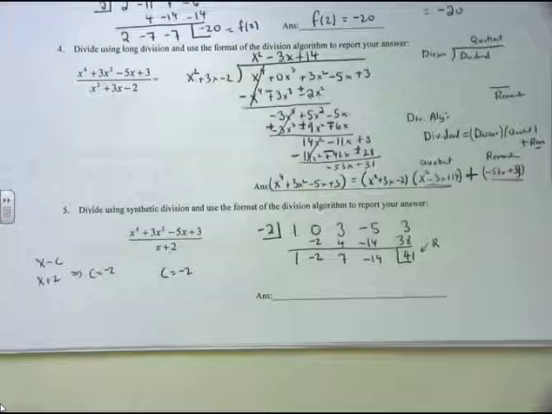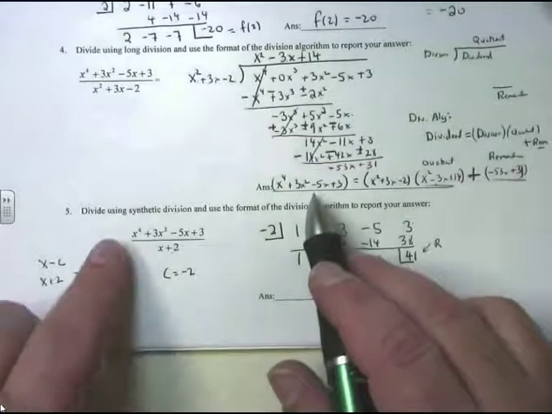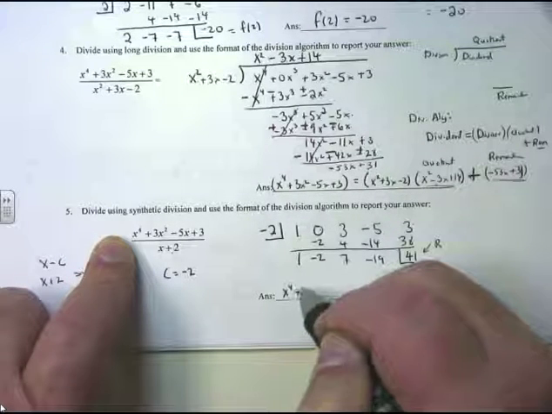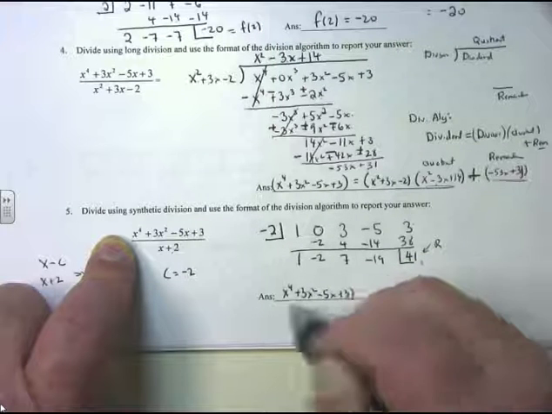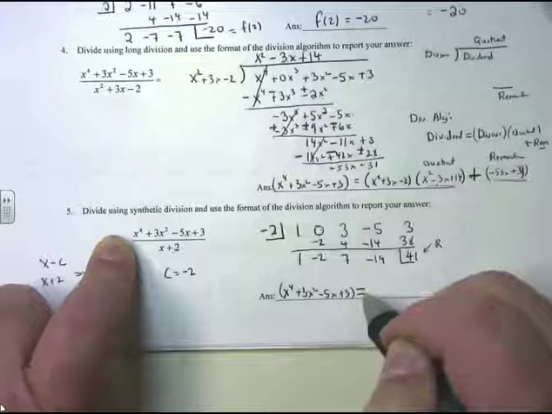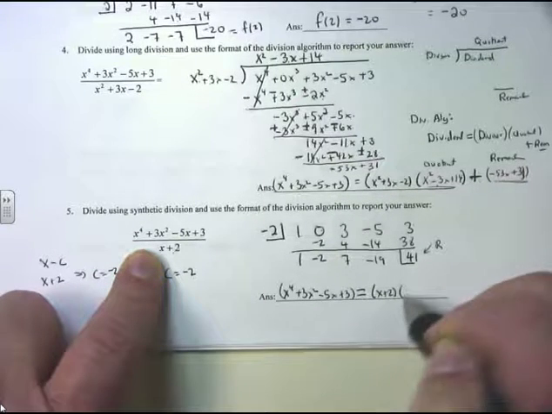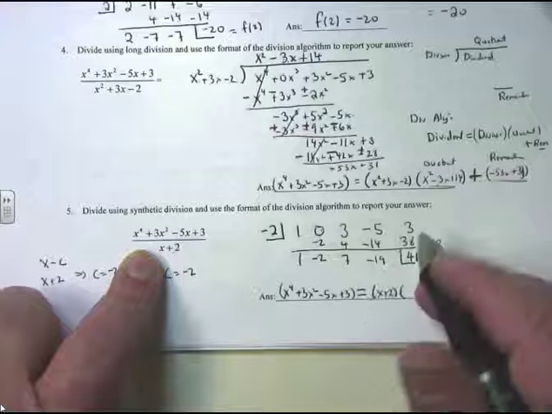But again, we want to actually write this in the form of the division algorithm. And the division algorithm, just like we did here, is your dividend, which is x to the 4th plus 3x squared minus 5x plus 3. That's equal to your divisor, x plus 2, times the quotient. This is your quotient, but it's just coefficients. You start from the back.